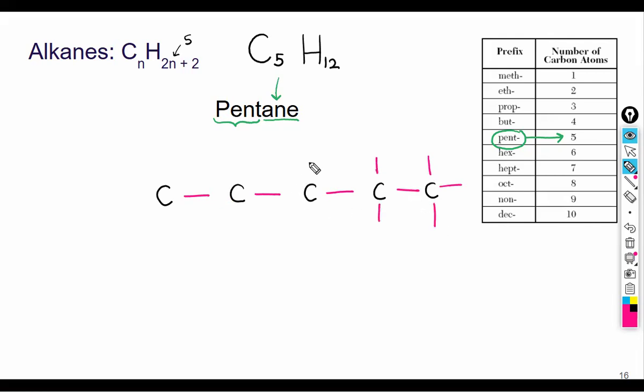If I complete the drawing, any carbon I look at has 1, 2, 3, 4 links. This will naturally lead you to 12 hydrogens, because if I put a hydrogen at the end of each available link, I will automatically get 12 hydrogens.